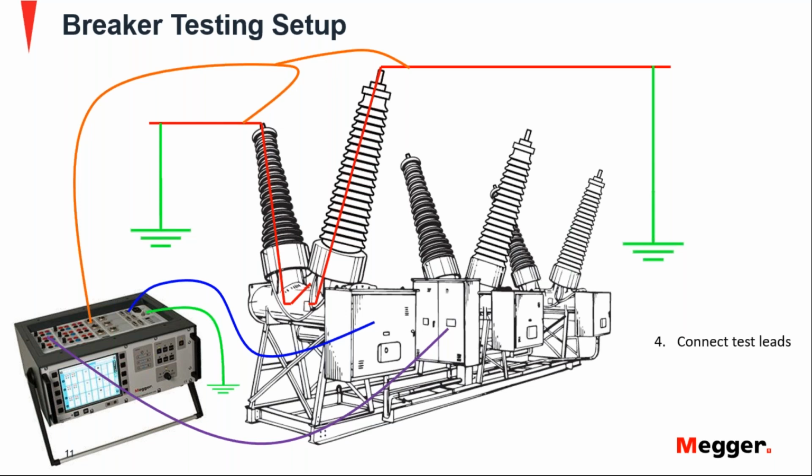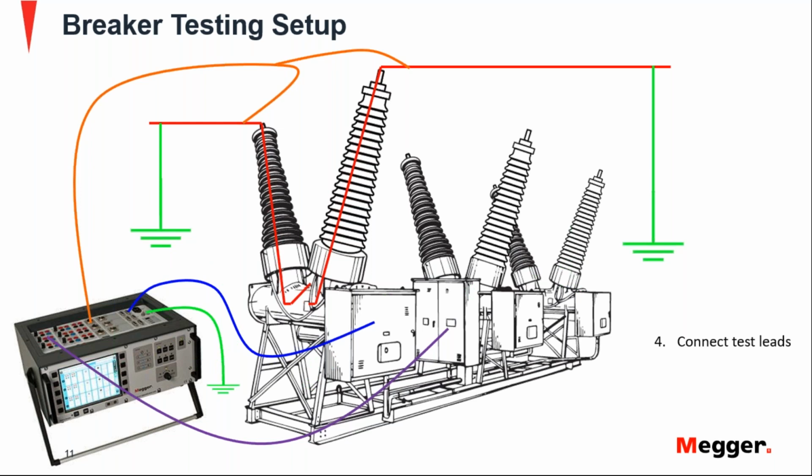This will replicate for the 3 phases in the breaker. And if you have a gang operated circuit breaker where you only have one mechanism, there will only be one connection of the blue lines here.